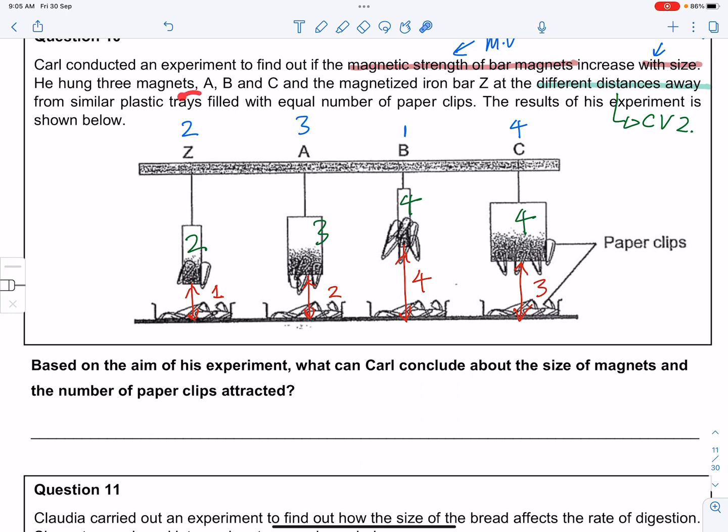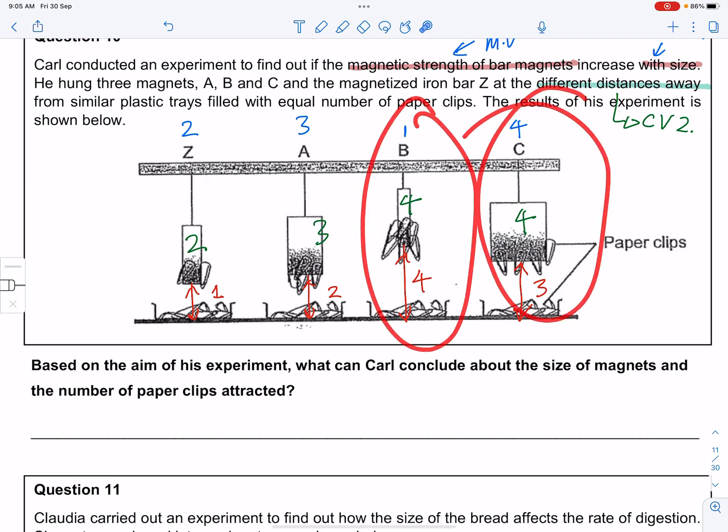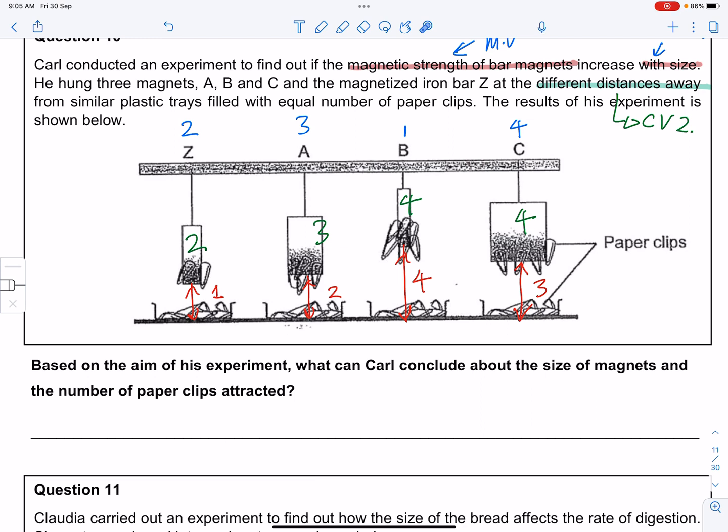So when you look at what is being changed over here, the size, you're not able to conclude that the bigger the size, the stronger the magnetic strength. Correct? Because of these two extremes. This will tell you already. This is the smallest, this is the biggest, but they both attracted the same number of paper clips.